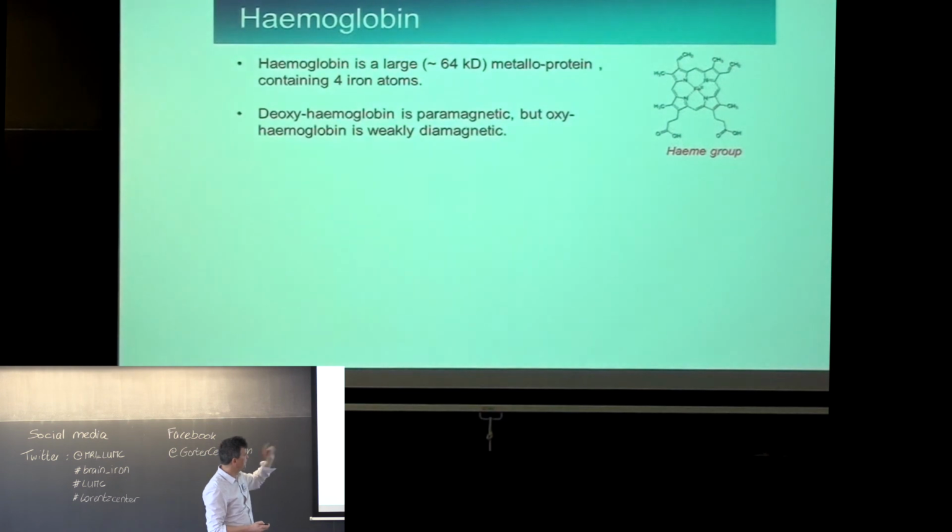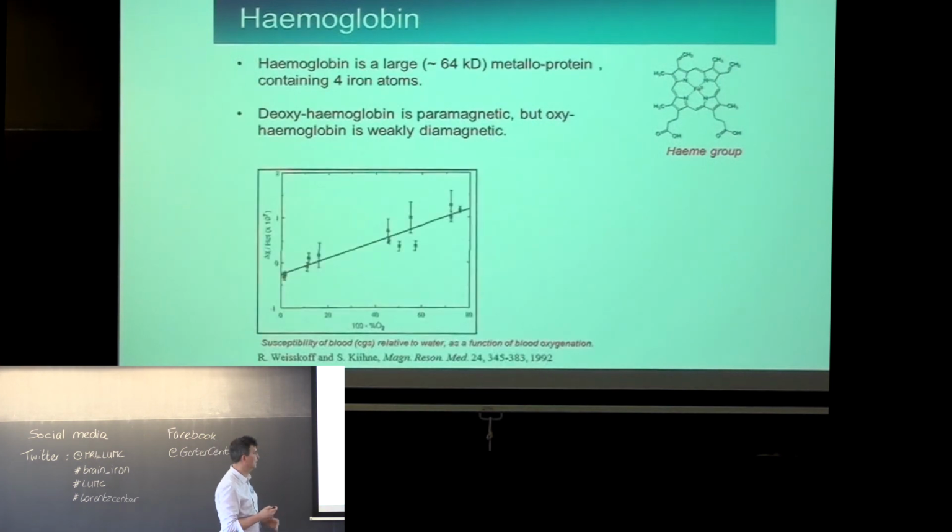Just a couple of things to finish off. One example where iron has a significant effect is in hemoglobin. The magnetic state of hemoglobin changes significantly depending on whether it's oxygenated or deoxygenated. So deoxyhemoglobin is paramagnetic, but oxyhemoglobin is weakly diamagnetic.